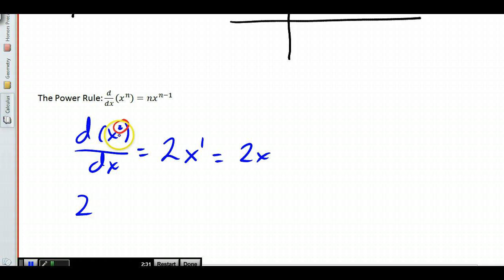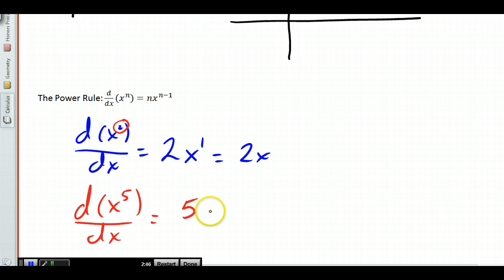Let's say we want to do the derivative of x to the 5th with respect to x. The exponent comes around front, becomes a coefficient, and then the exponent subtracts 1, and I get 5x to the 4th.